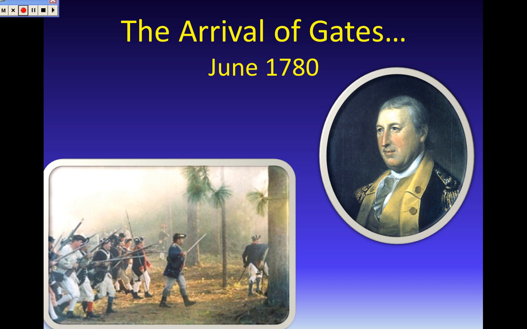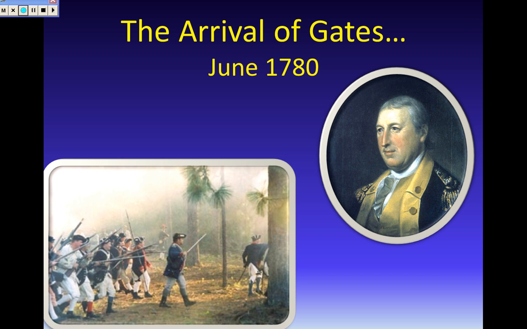That June, the South needs to stop Cornwallis and his men from marching forth again. So they bring down the hero of Saratoga, Horatio Gates. Horatio Gates arrives in North Carolina. Cornwallis is still gaining some territory in South Carolina. Gates is cocky at this time, but celebrated as a hero, and he did win this huge battle at Saratoga back in 1777.